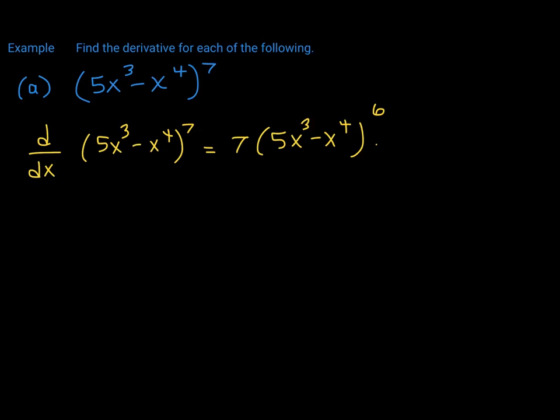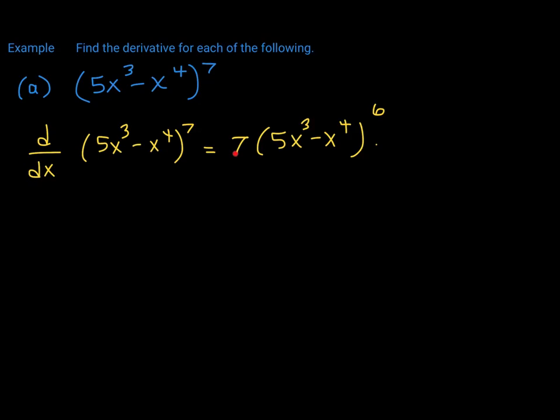Maybe I should have said this in the very beginning, this can be considered a composite function, where the outer function is x to the 7th power, and the inner function is 5x cubed minus x to the 4th. So the first thing I'm doing is using the chain rule to find the derivative of the outer function, which has me using the power rule to do that.